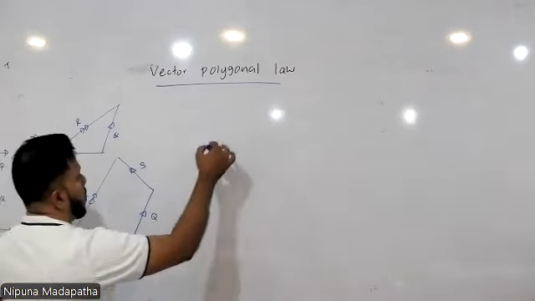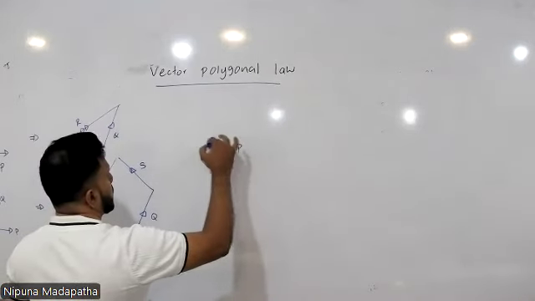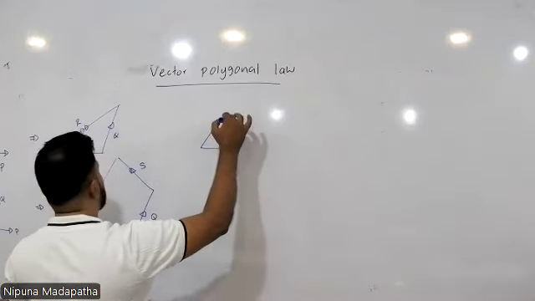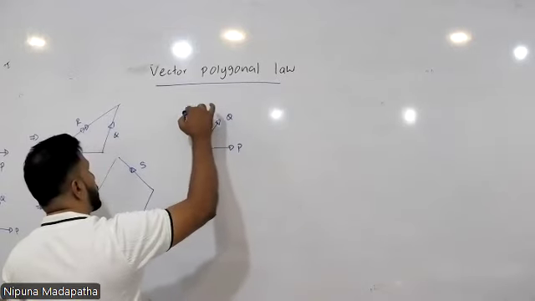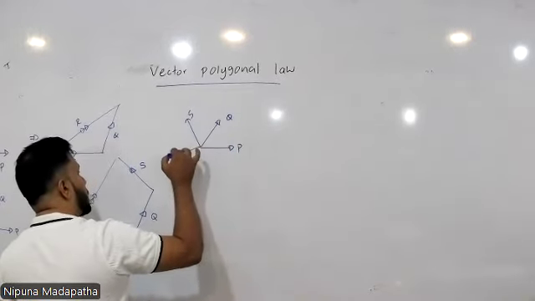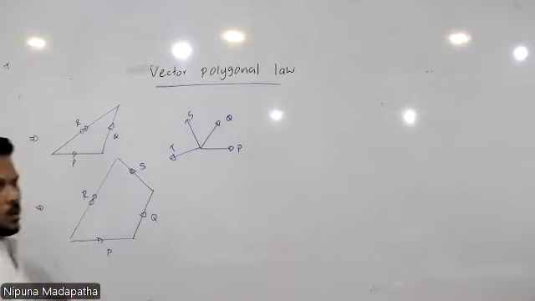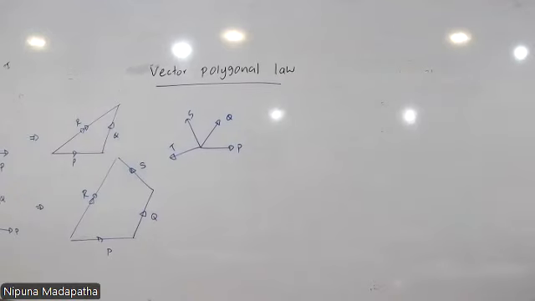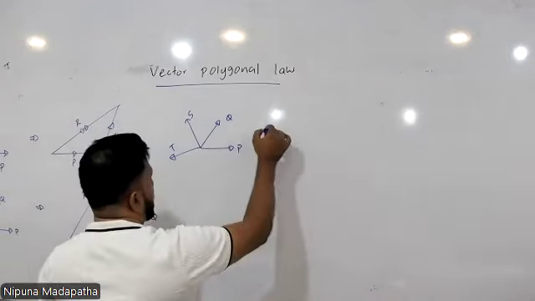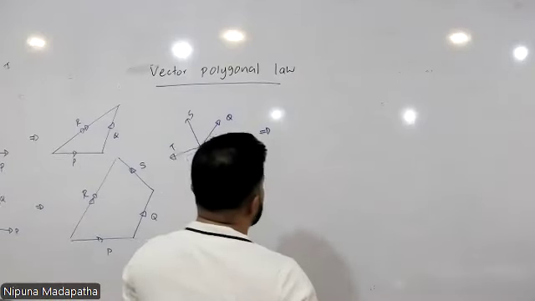If you need to add four vectors, what polygon do you need to draw? It has five sides. We need to draw a polygon with five sides.